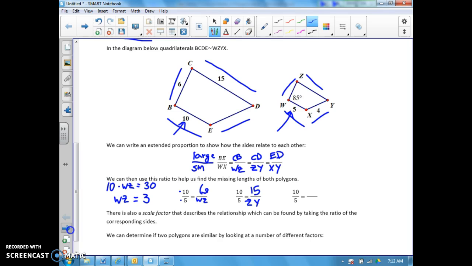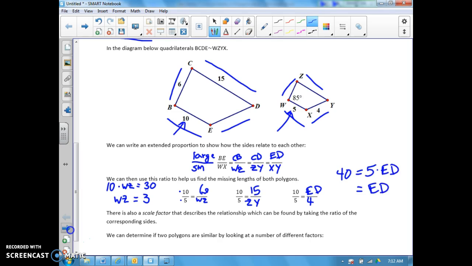Now let's look at the last one. I've got ED over XY equals BE over WX. Well, ED, I don't know, so I'm just going to put ED up here. And XY, I do know, is 4. So, just like before, cross multiply. I get 40 equals 5 times ED.